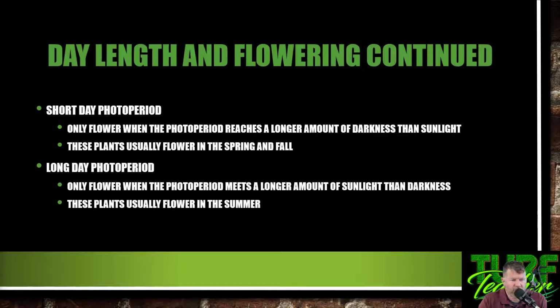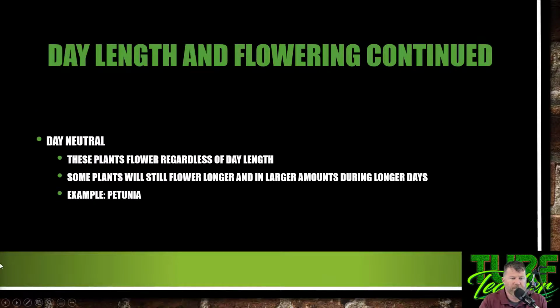But long day photoperiod plants only flower when the photoperiod meets a longer amount of sunlight than darkness. They need a longer period of sunlight. And these plants usually flower in the summer. Our annuals, and then some of your other summertime bloom plants. Day neutral, these plants flower regardless of day length.